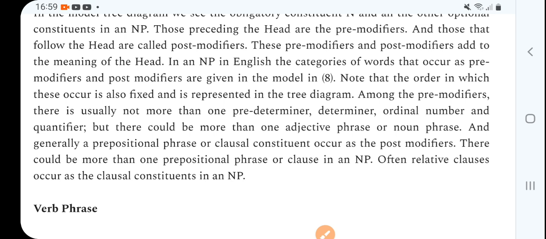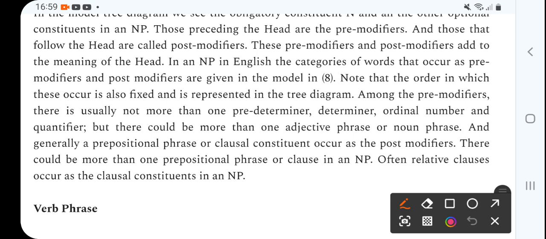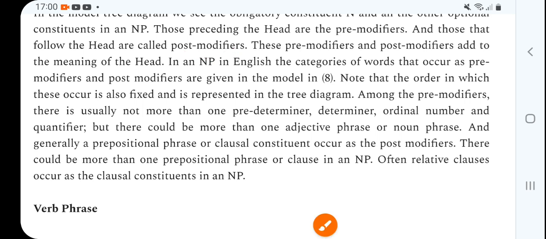And those that follow the head are called post-modifiers. These pre-modifiers and post-modifiers add to the meaning of the head, right? Very simple and very good explanation.